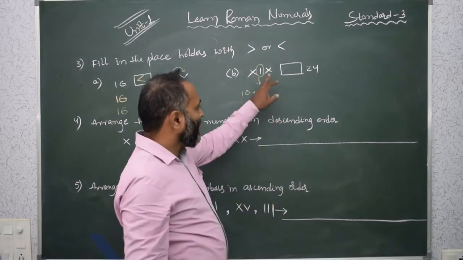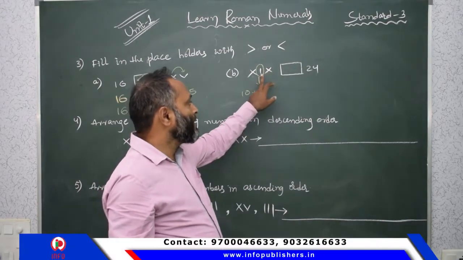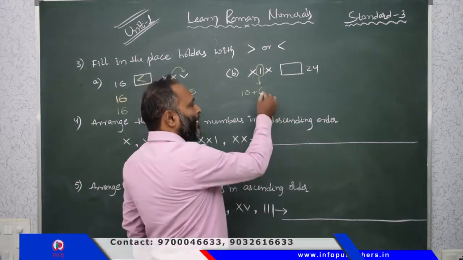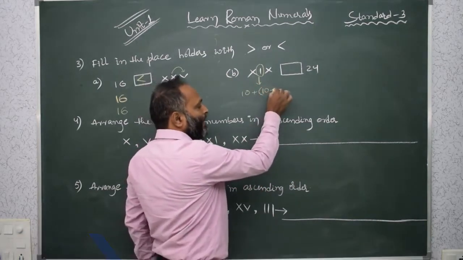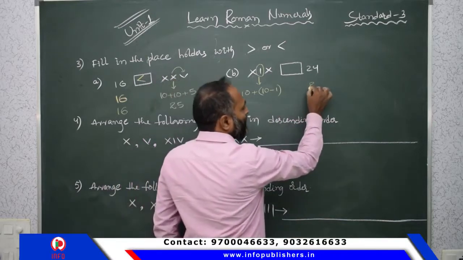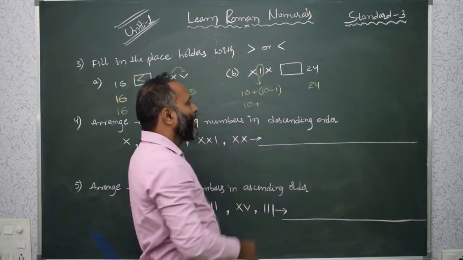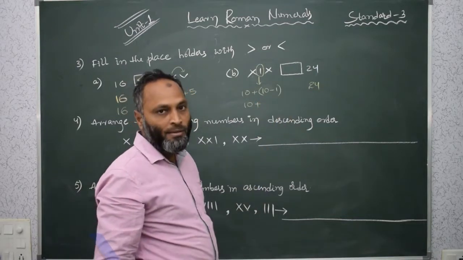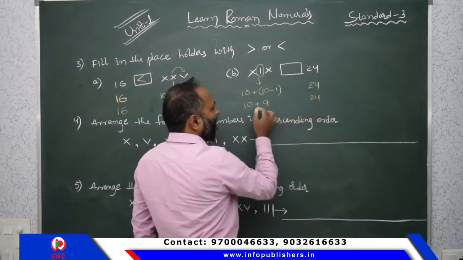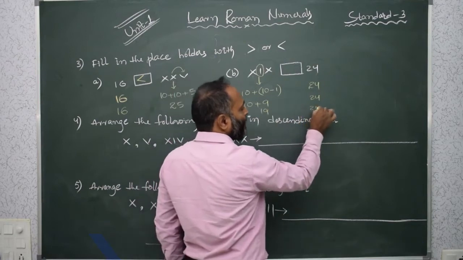After that another bigger Roman numeral is there, and for this bigger Roman numeral the smaller Roman numeral is on the left side, so we make 10 minus 1. Then this 24 as it is. 10 plus 10 minus 1, and 10 minus 1 is 9. So 10 plus 9 is 19, and 24.